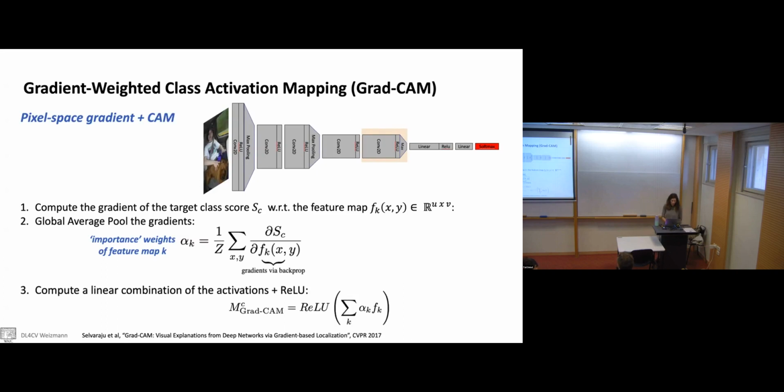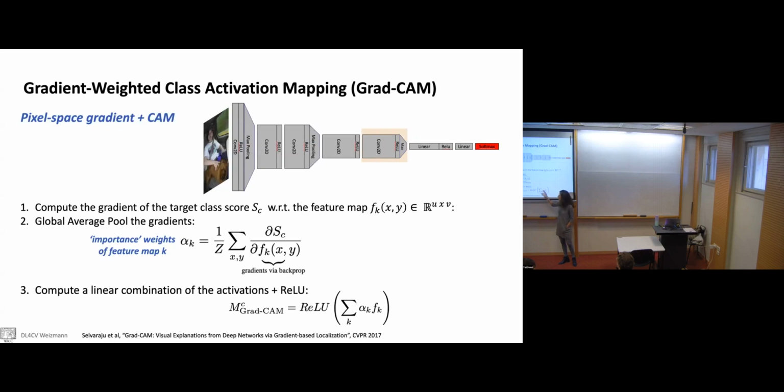And now we're going to take a linear combination of the activations of these feature maps using those alpha k. We have here some ReLU that they show helps, but we can ignore this for now. Basically, we do the same thing as we've done with the class activation maps in CAM, taking a linear combination of the feature maps.